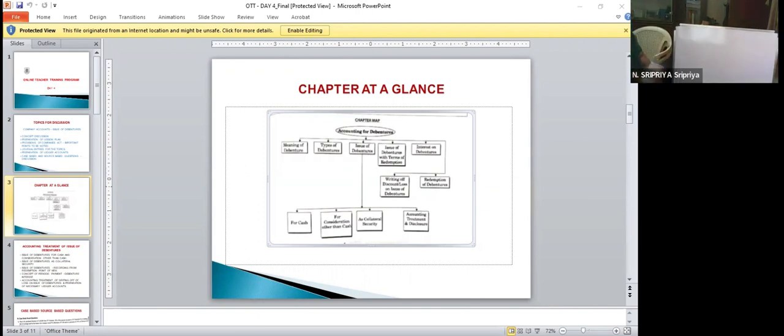So, for example, you have 9% debentures, rupees 10 lakh, issued on 1/4/2018. Fine.